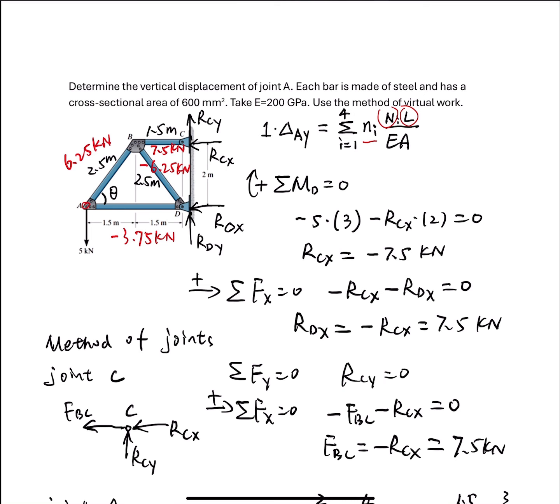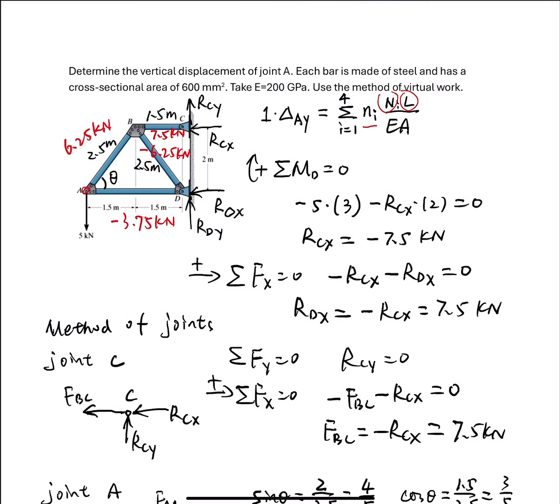We know RCX is equal to negative 7.5 kilonewton. So the direction is not correct, and we can put the direction like this. This way, it is 7.5 kilonewton. So this is RCX. RDX is 7.5 kilonewton as well.